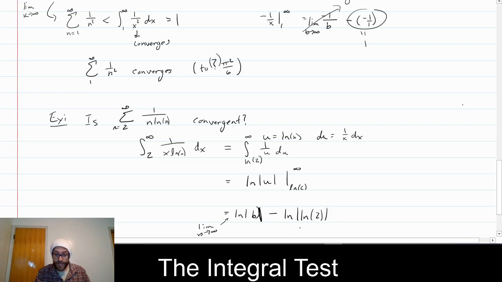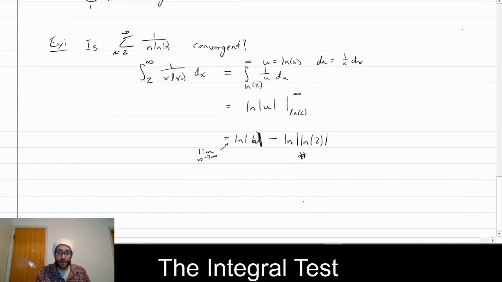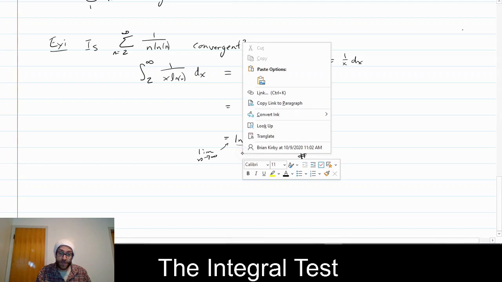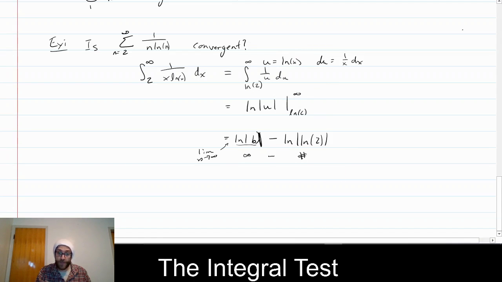So this guy is actually just a number. So what we really need to know is, does this converge or diverge? And we already saw that it diverges. So this is going to be infinity minus a number, which actually just turns into infinity. So we can say that this diverges. And when we say it diverges, we can say it diverges by the integral test.